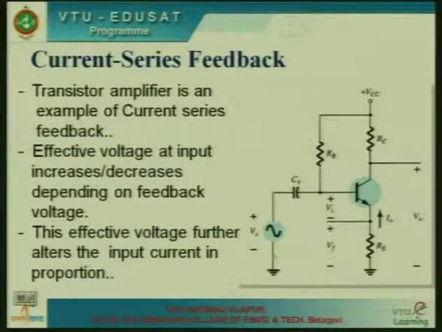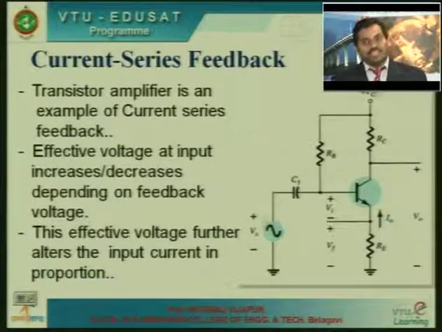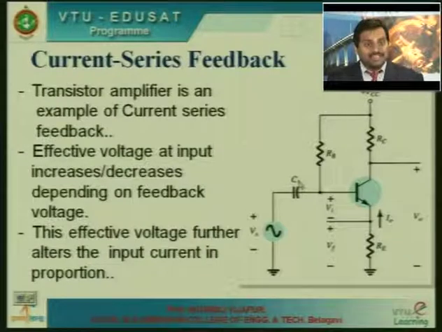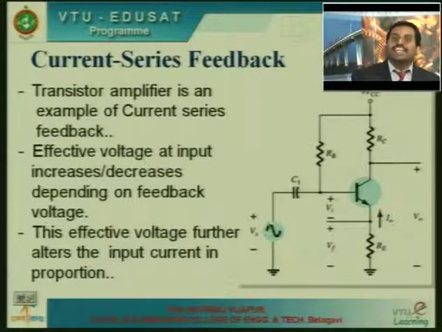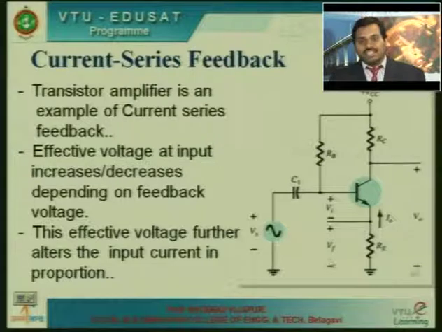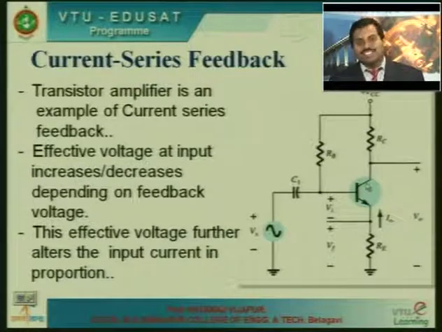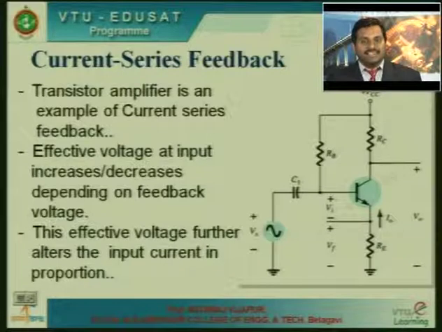It consists of a sinusoidal AC source Vs, which is the signal to be amplified, and a coupling capacitor C1 which blocks DC and allows only AC. It is a CE configuration, where the emitter is made common between base and collector. So the input voltage appears between base and emitter.